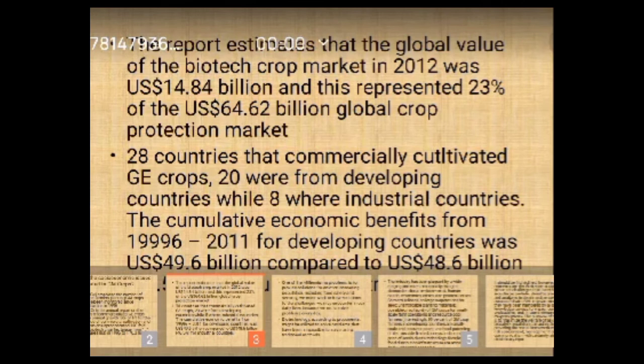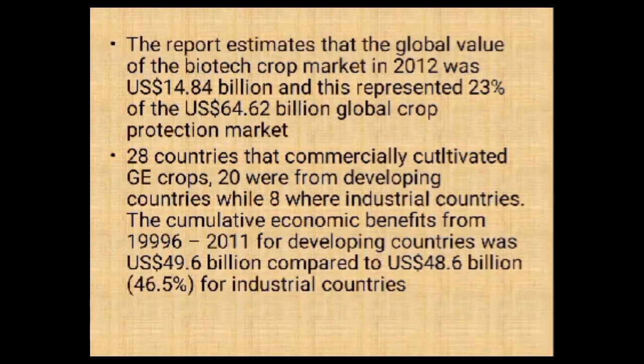The report estimated that the global value of the biotech crop market in 2012 was $14.84 billion US, and this represented 23% of the $64.62 billion US global crop protection market.